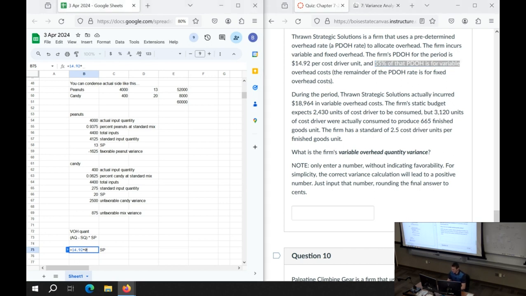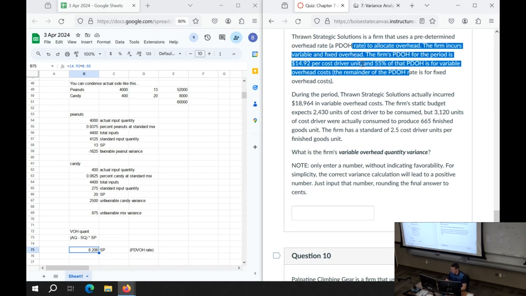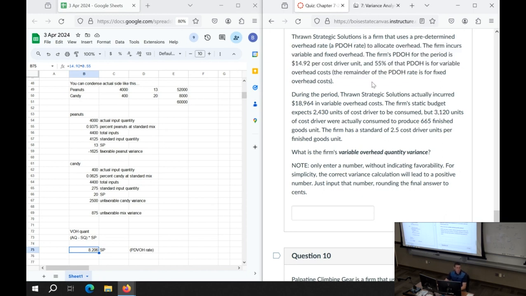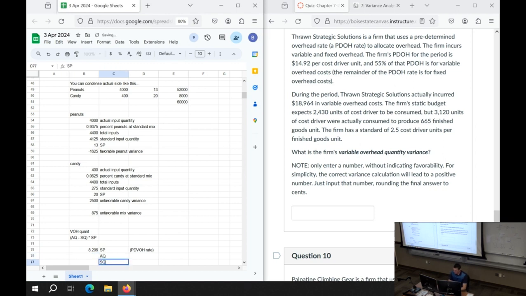So we multiply 14.92 times 0.55, which gives us our PDVOH, the predetermined variable overhead rate: $8.206 is the variable overhead cost we charge per unit of cost driver. Okay, that's our SP. And we have actual quantity and standard quantity we can figure out.